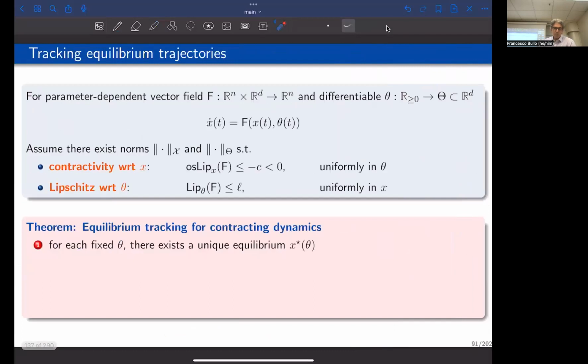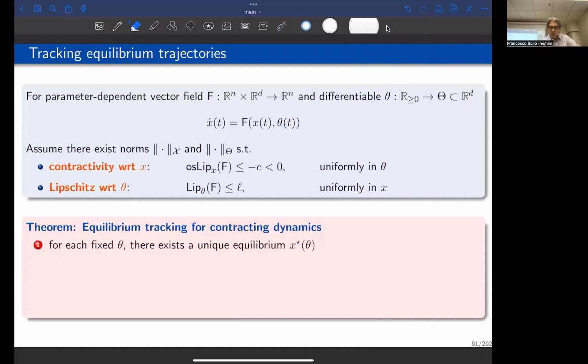Right. So what is it that I want to achieve? Well, because of the Lipschitz assumption, contractivity and Lipschitz, I know that for each value of theta that you give me, there exists a unique fixed point. So we've discussed this ad nauseam. By now you should be tired of it, right?